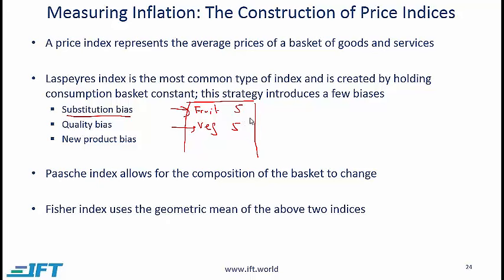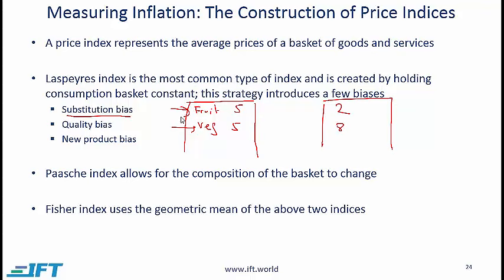Let's say that fruit becomes very expensive, which means that people will change their consumption pattern. And if fruit is expensive, people might come down to 2 units of fruit and 8 units of vegetables. So this is what people are actually consuming now.